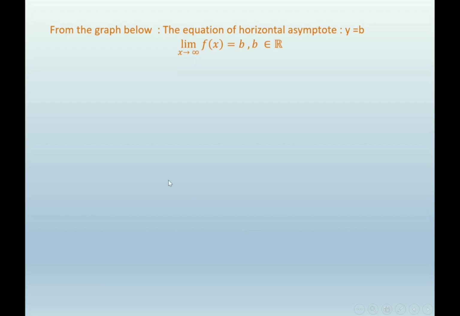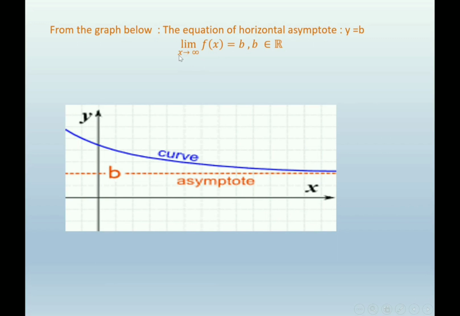From the graph below, the equation of the horizontal asymptote will be written as y equals b, and you can see that the limit when x approaches infinity for the whole function f of x will reach b, and b is real.